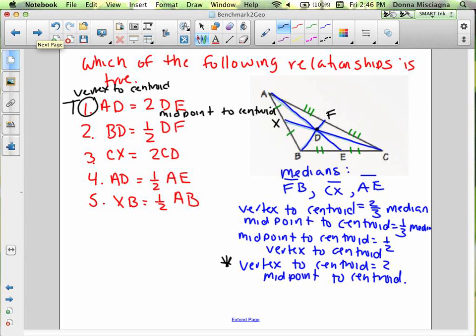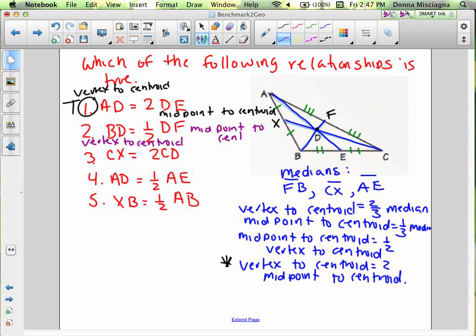All right, let's try the next one. BD is half of DF. BD is vertex to centroid, equals half of DF. Well, DF is midpoint to centroid.